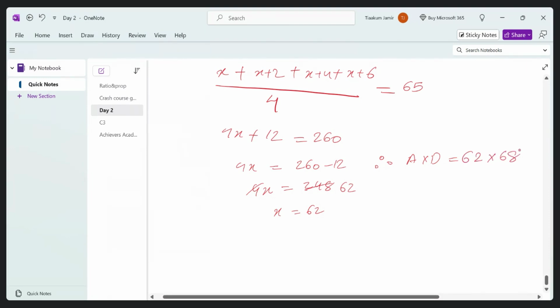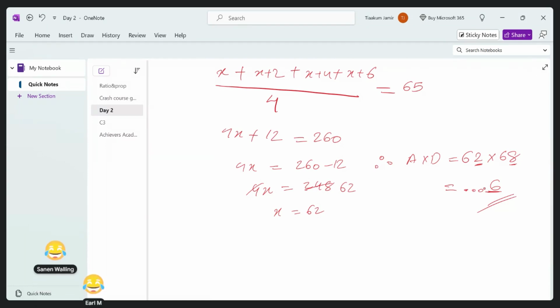Now multiply the unit digits: 2 into 8 is 16, so 6 will be the answer. If you have more than one option, look at which has 6 in the unit digit; you have to multiply and find.